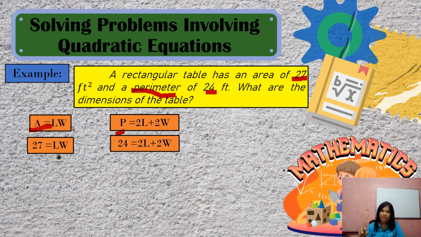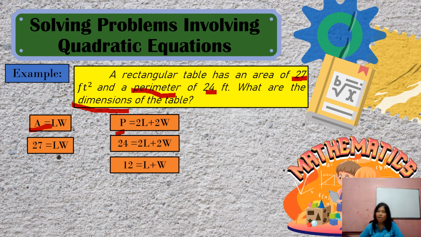Kanina, diba, pag kaya pang ma-divide into 2, dinivide natin. That is reducing equation whenever necessary. So, yung 24 magiging 12. Dinivide lang natin by 2. So, meron siyang 12 equals L plus W. Kasi ang sabi dito, what are the dimensions?